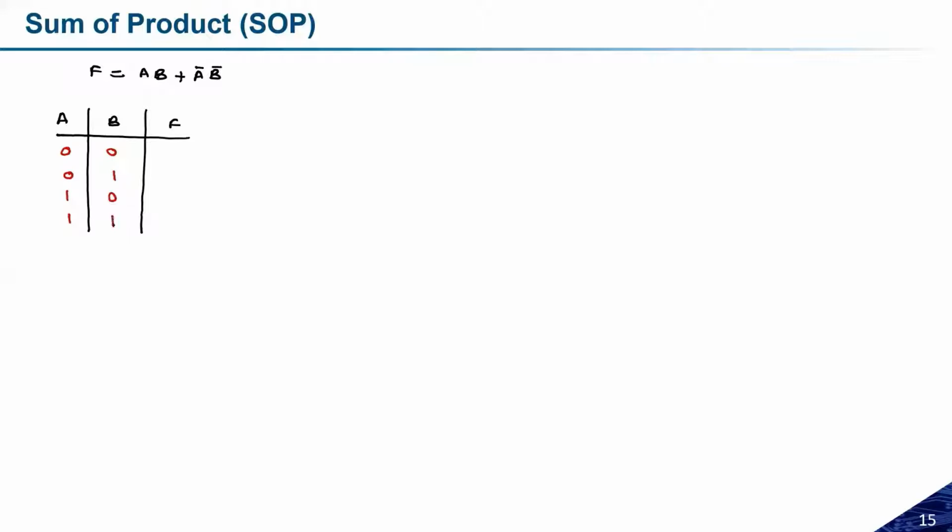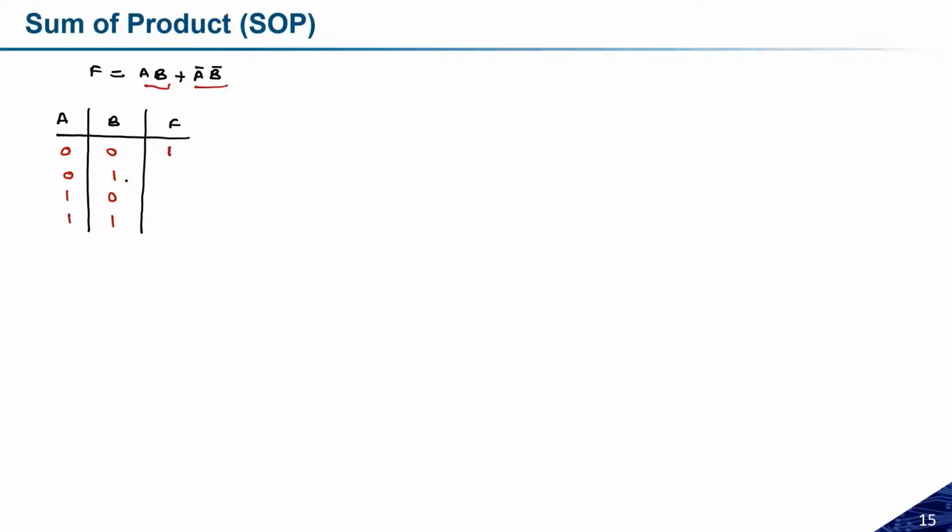Can anyone tell me what will be the f for all the cases? For the first, if a and b are equal to 0, what will I get? 1. Okay, you will get 1. Here a bar and b bar both become 1, so I will get function 1.